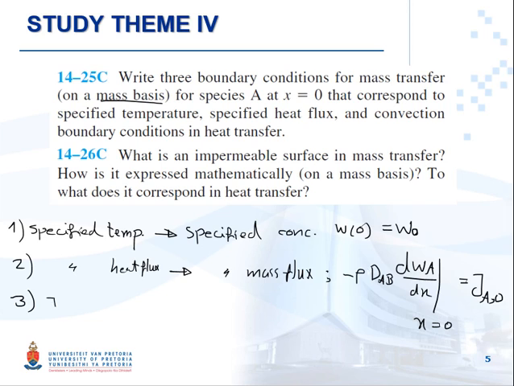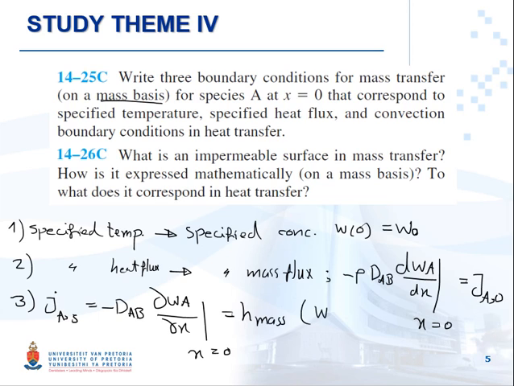So the mass flux of A at the surface is equal to minus rho DAB d(wA)/dx at x equal to 0, which is equal to h mass times (wA,s minus wA at infinity).